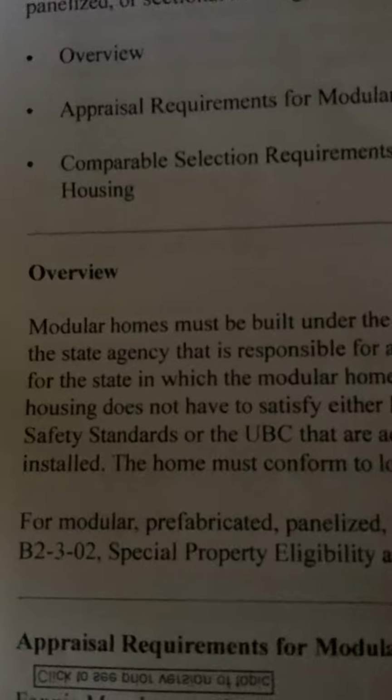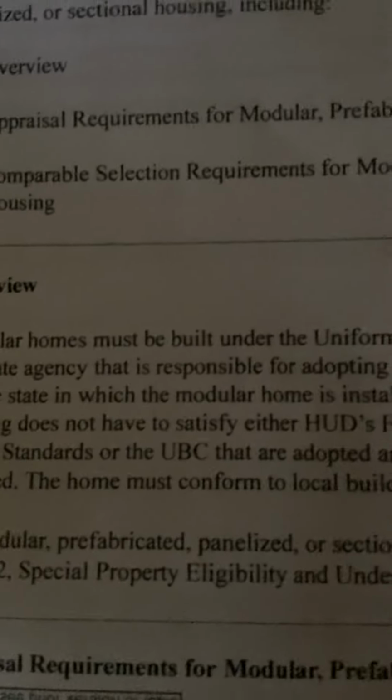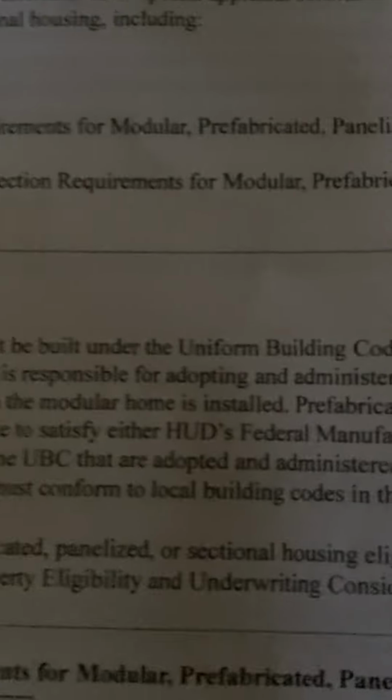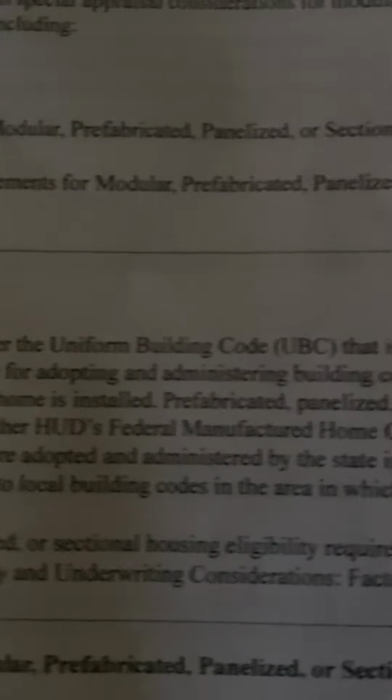Prefabricated, panelized, or sectional housing does not have to satisfy either HUD's Federal Manufactured Home Construction and Safety Standards or the UBC that are adopted and administered by the state in which the home is installed.